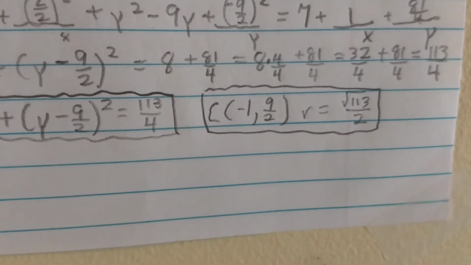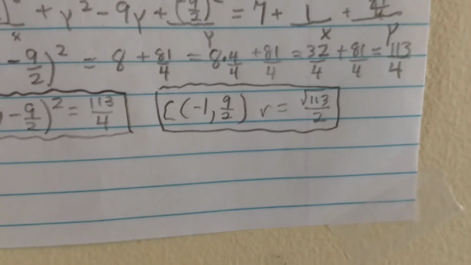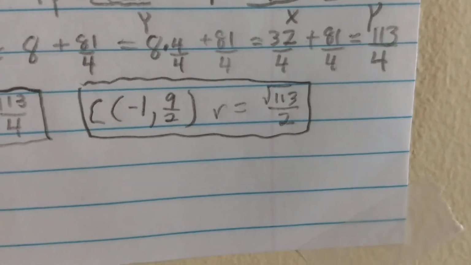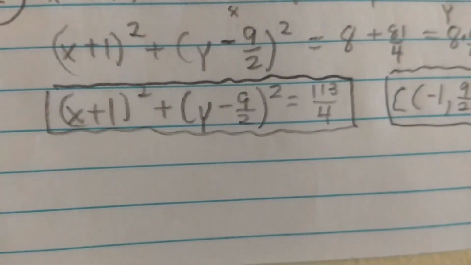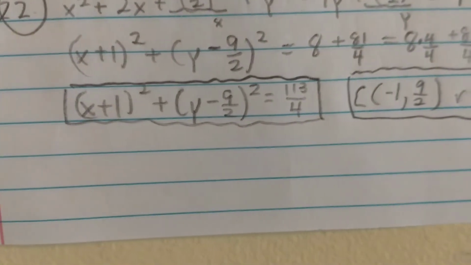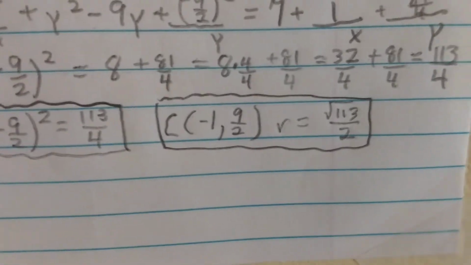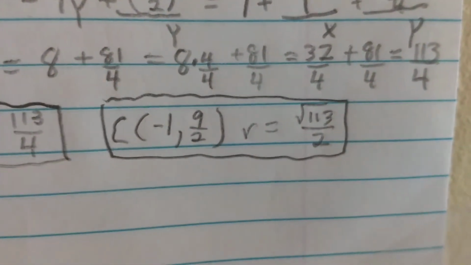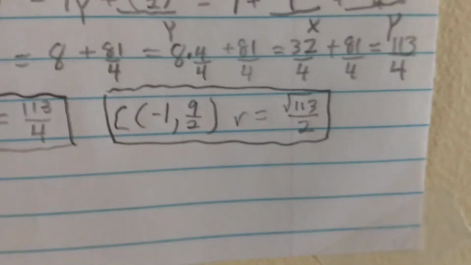So we get 8 times 4 over 4 plus 81 over 4, which is 32 over 4 plus 81 over 4, which adds up to 113 over 4. So now looking at our equation, we have a center of negative 1, comma positive 9 halves, and our radius is the square root of 113 over 4, which is the square root of 113 on top over 2.